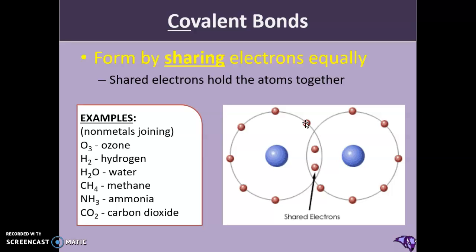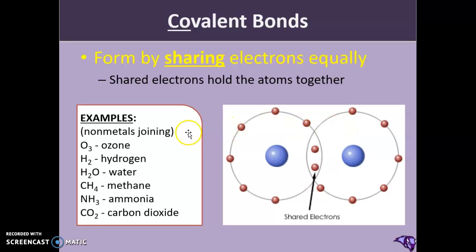Most atoms want 8 valence electrons in their outer shell. That is considered full or complete, or some people may call it stable. So they want to bond with other atoms to complete their outer shell, which is usually 8. In this case, you have 2 atoms, each with 7. So they will bond together to share those 2 in the middle so that each of them will have 8.